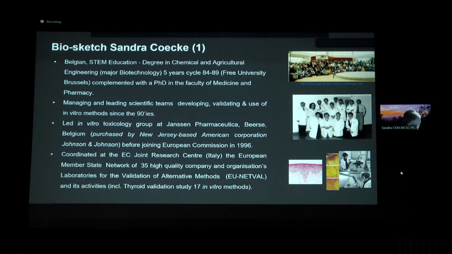So to give you this flavor, I started by showing a little bit how I ended up in this field. Basically, I started my education as an engineer in biotechnology, but already soon I got to know a lab in the Faculty of Medicine that was working on tissue engineering. At that time, it was alternatives for skin therapies. We worked at a university in Brussels with a hospital that dealt with people that suffered from severe burn wounds.